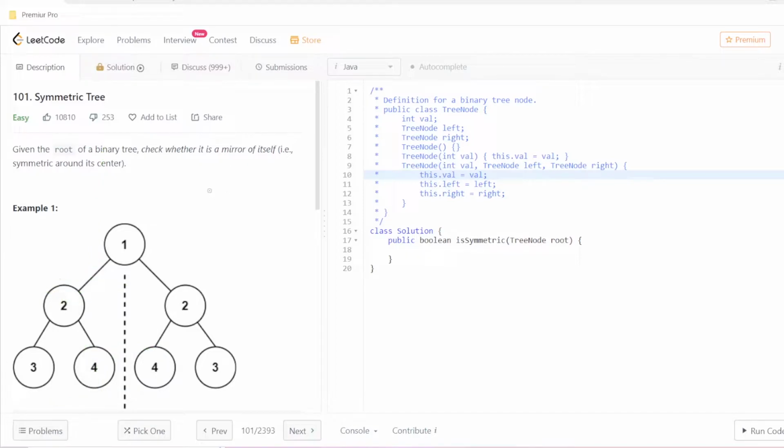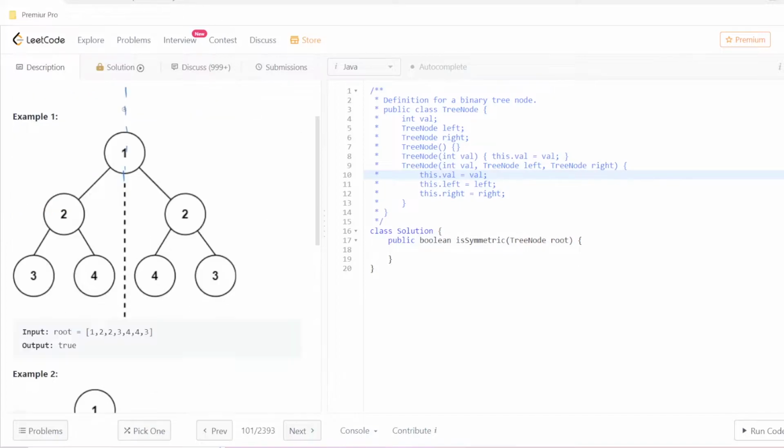So let's first talk about the idea behind the solution. Suppose this is the mirror. Whenever you do a certain iteration, you'll be reaching some node at the left side of the mirror as well as the right side of the mirror.